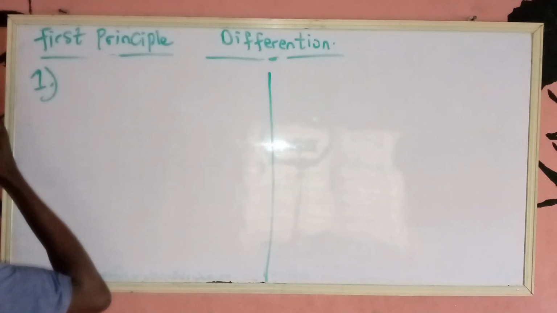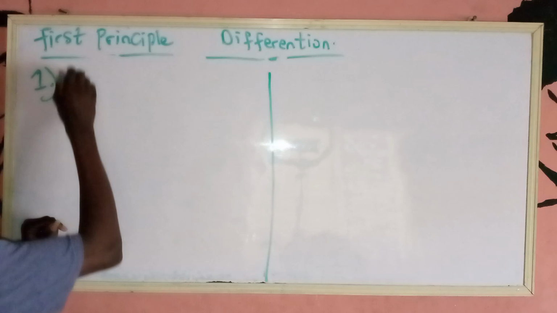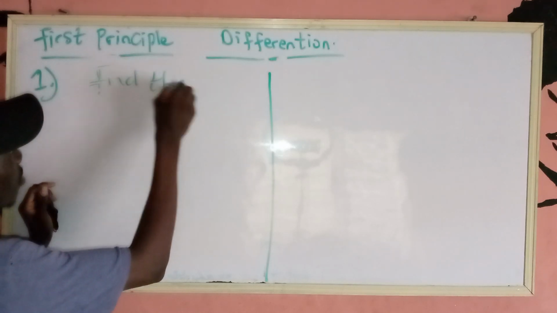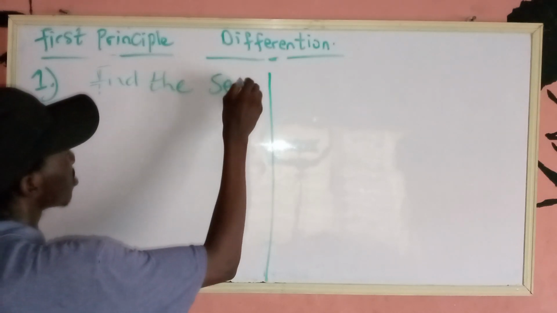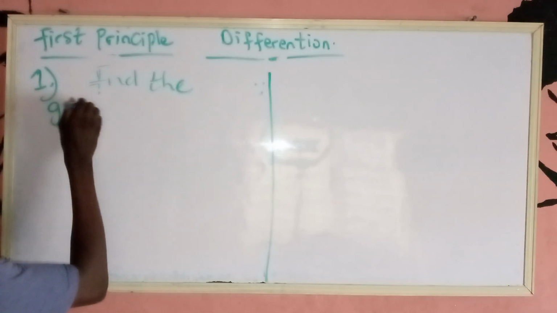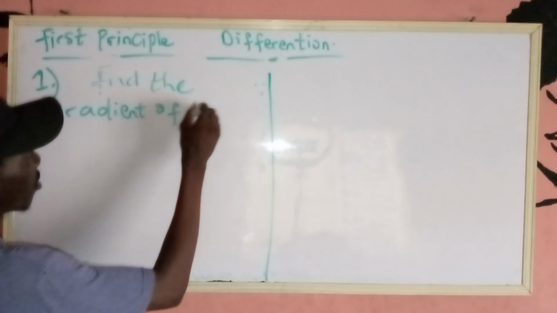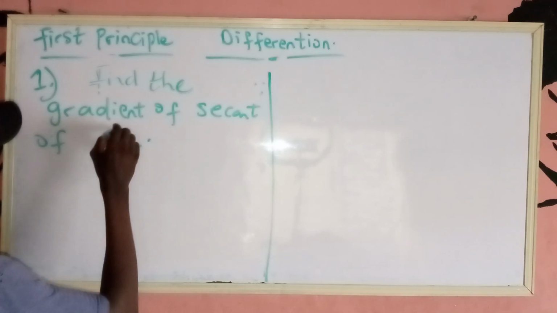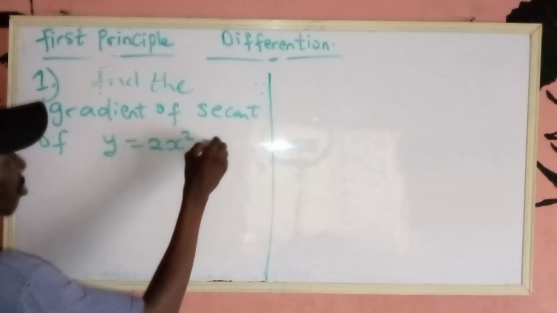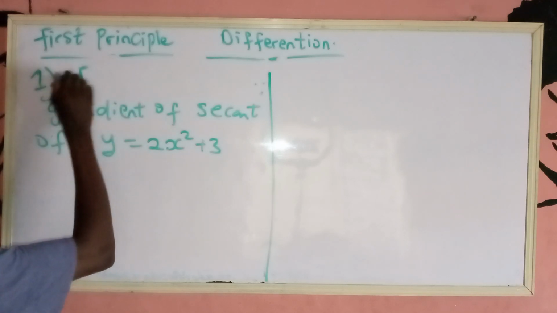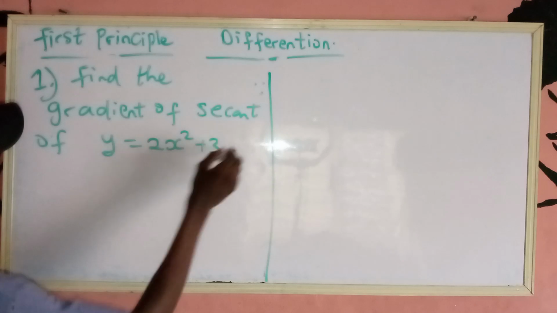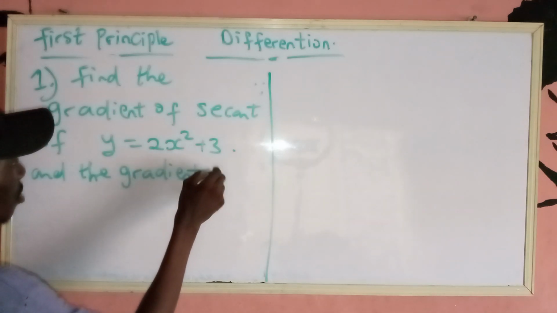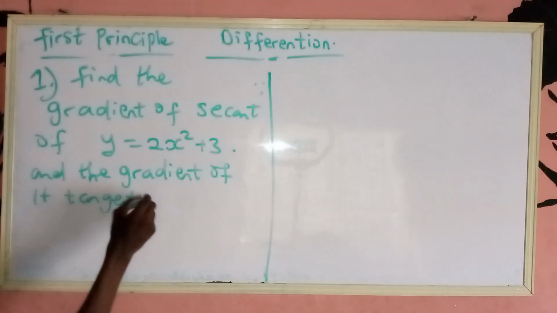The first one is: find the gradient of y is equal to 2x squared plus 3, and the gradient of its tangent.